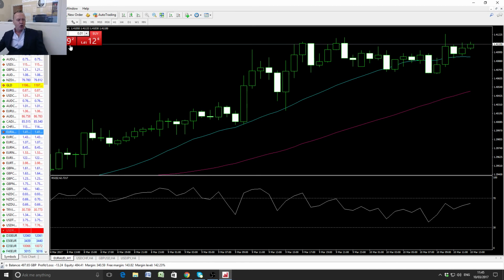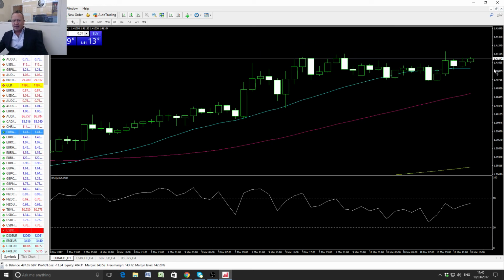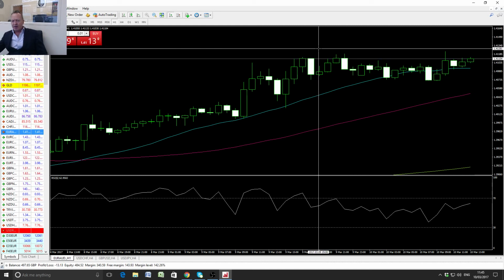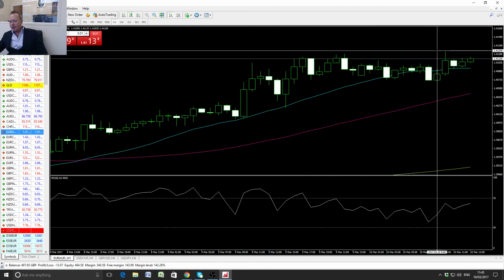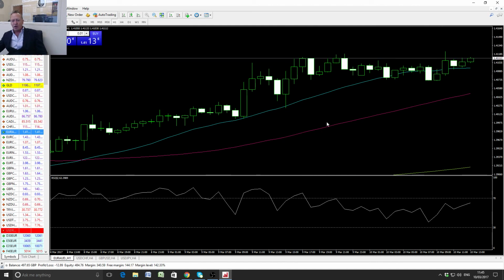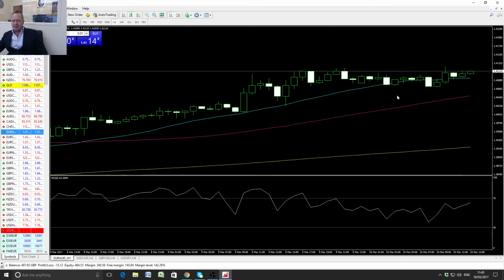Now, Euro Australian, on another day, if it wasn't non-farm, I'd happily place an order just above the recent spike here. I've already got too many live trades on, so there's nothing wrong with an order there. What I like about that is that it's respecting the 20. It's just bounced there.